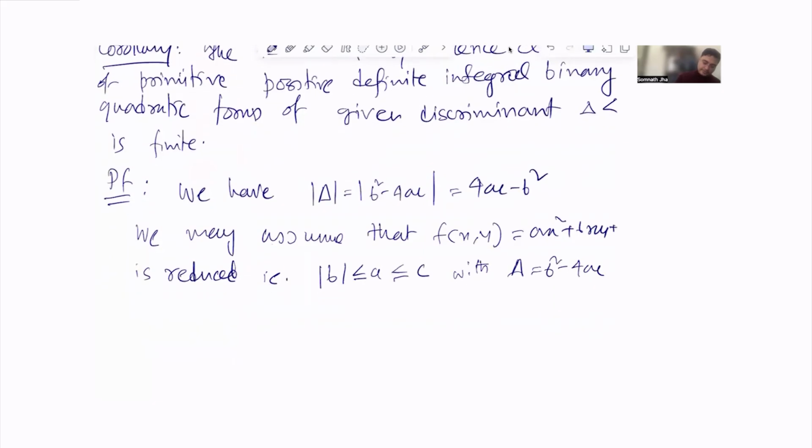So then mod delta is greater than or equal to 4ac minus b square, and this is greater than or equal to 4a square, because c is greater than or equal to a and a is positive, and mod b is less than a, so b square is less than a square, so minus b square is greater than minus a square. So this is greater than or equal to 3a square.